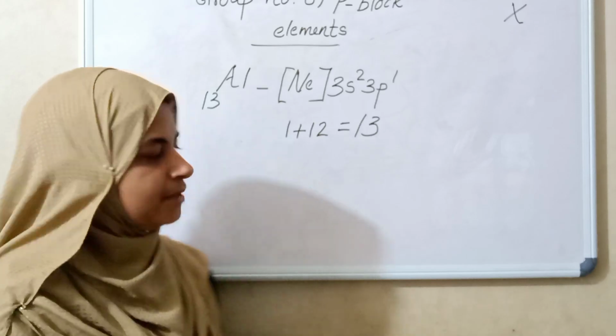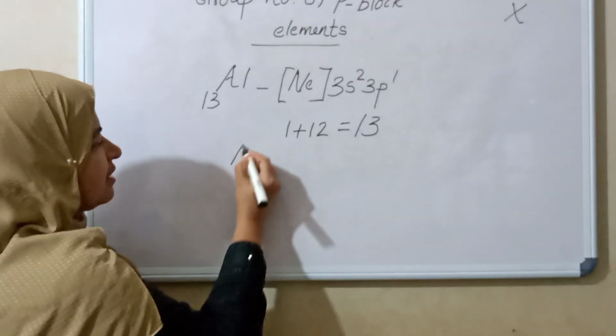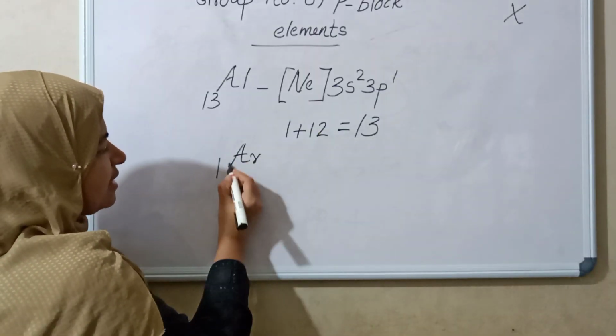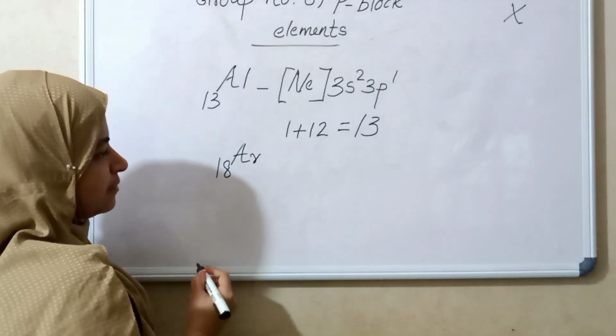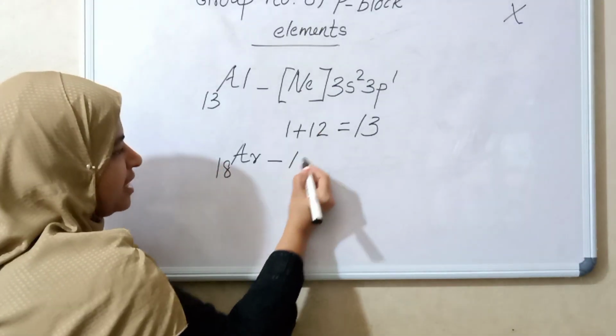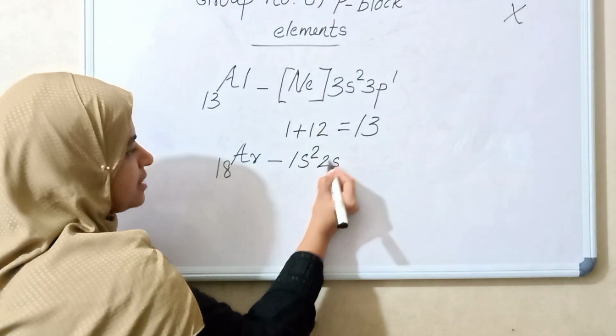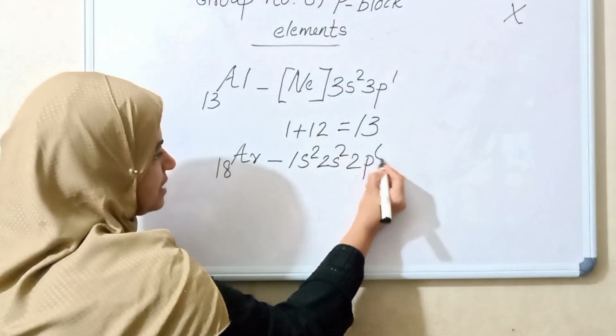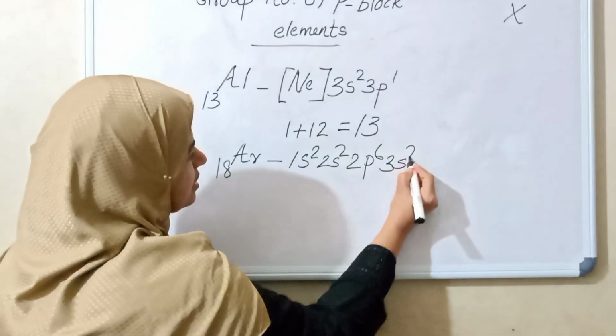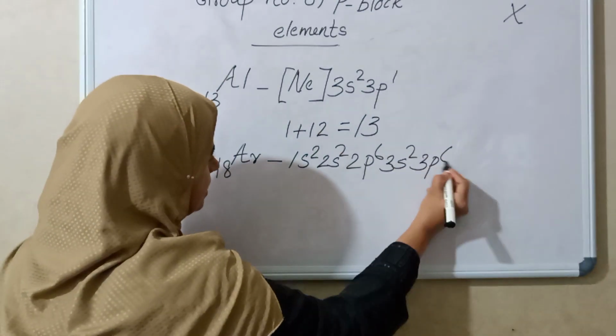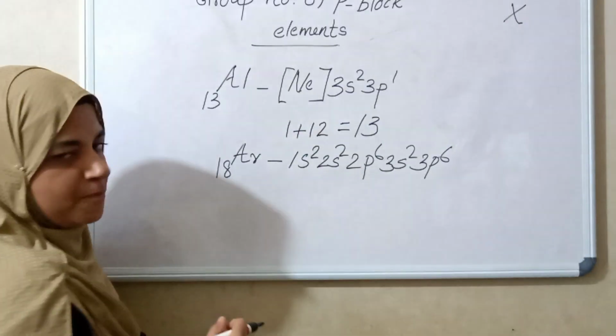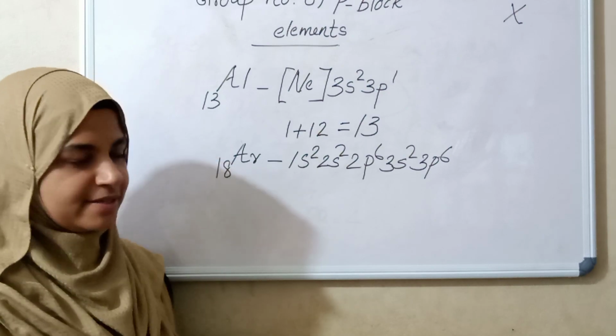Then another example, argon, 18. Here 1s2, 2s2, 2p6, 3s2, 3p6. We don't write it in short form because argon is already a noble gas.